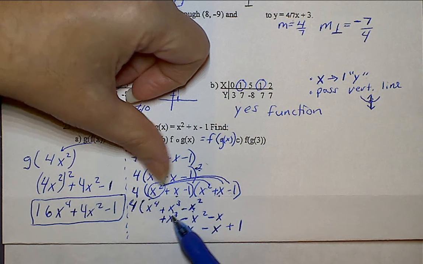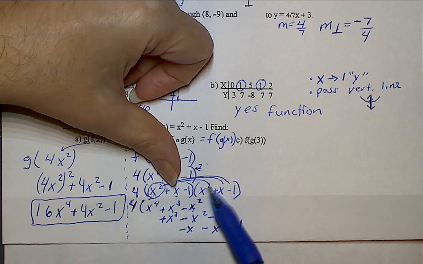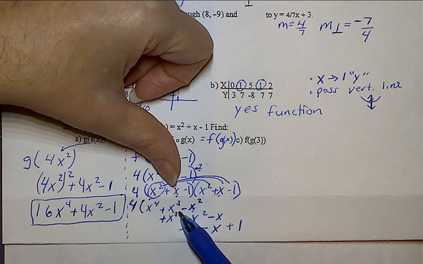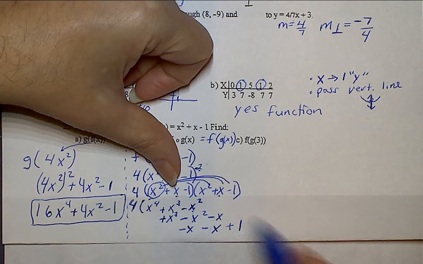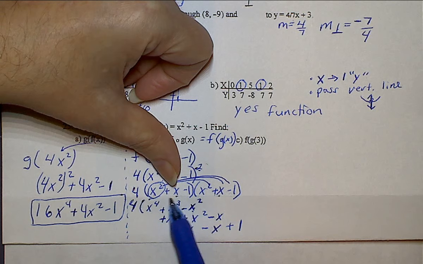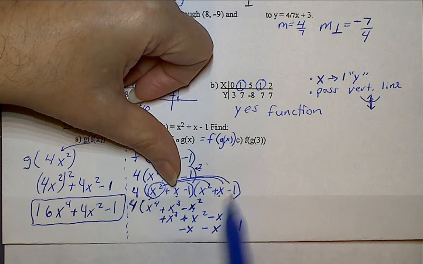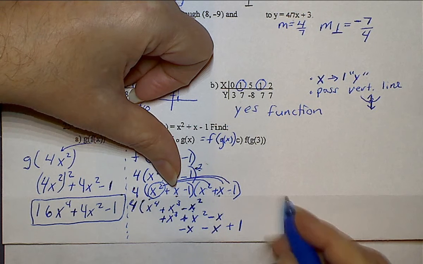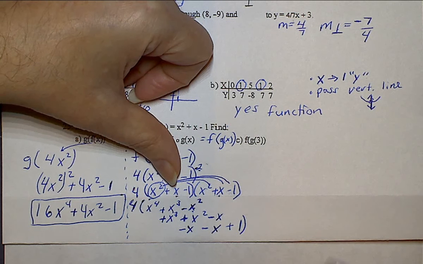Then we have x times x squared is x cubed. Oh, this is positive x times a positive x is positive x squared. And then x times negative 1 is negative x. It's always good to recheck your work before you continue.